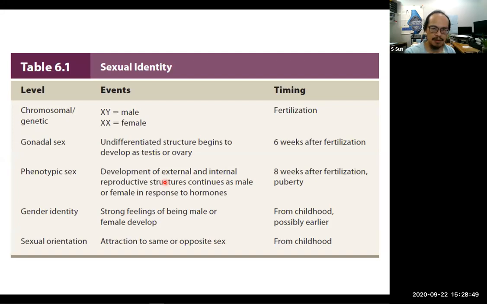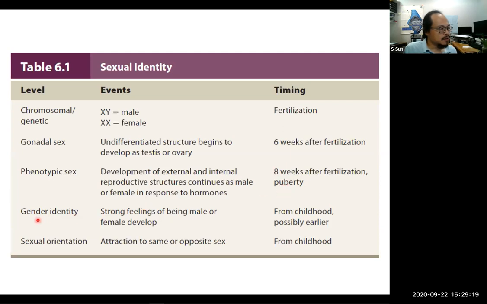If there's a penis, we will see it as a male. So timing: say you have a pregnant wife, you want to know the sex, what's the timing to do it? About 9 weeks later, right? 8 weeks after the fertilization. So that's the first time we would probably go check the ultrasound.